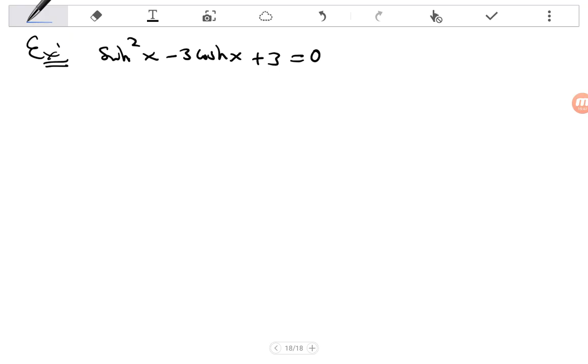Yes, we have the same hyperbolic angle. The second condition is to make them in terms of just one hyperbolic function. We need to write all of them in terms of cosine, or write them in terms of sine. What is most suitable here? To replace the sine squared with cosine, or to replace the cosine with sine?